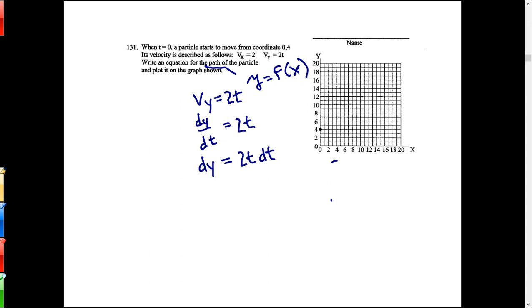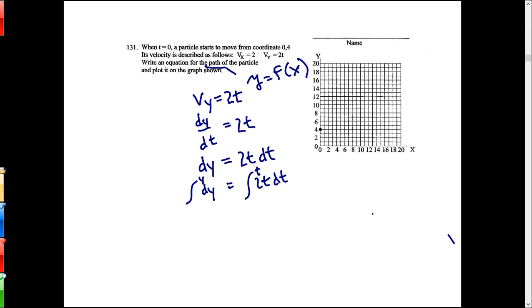Because you've got differentials there, a dy and a dt, what you want are variables that you can work with. So to get variables, you integrate. The integral of dy is the integral of 2t dt. Since we're integrating, I want to put limits here, y and t.